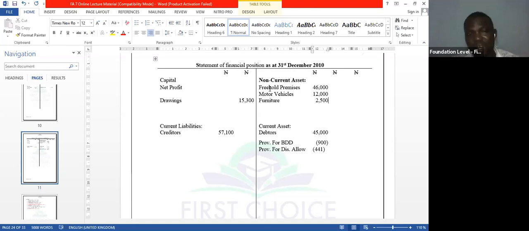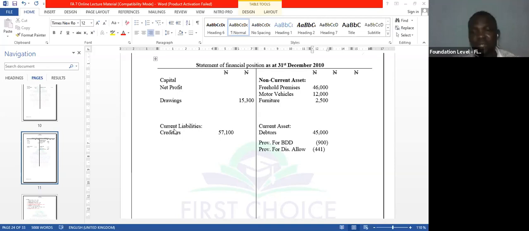But for this 2010, we have enjoyed the service as well, so we need to depreciate it. We need to add the accumulated depreciation to the year's depreciation, and it's that figure we are going to put under the accumulated depreciation.